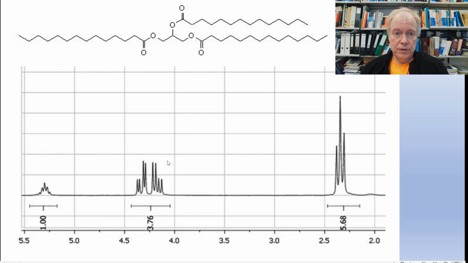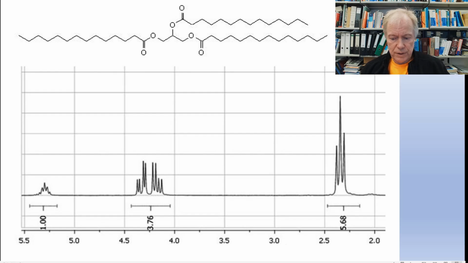What we clearly see, these are all at overall 4 hydrogens, 2 here, 2 there, but within that signal we have 2 different chemical shifts. Here is 1 chemical shift, which should be located centrally here, and the other one is there. Well, we have within a methylene group hydrogen A and hydrogen B, and they have different chemical shifts.